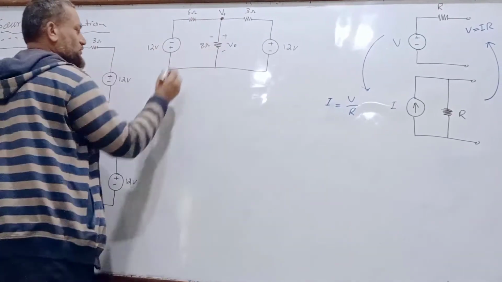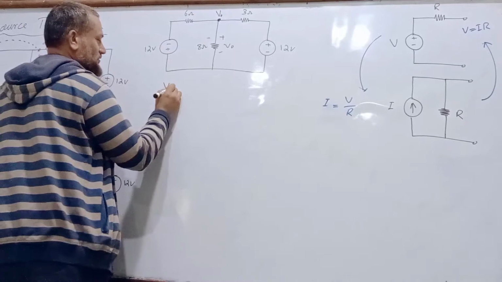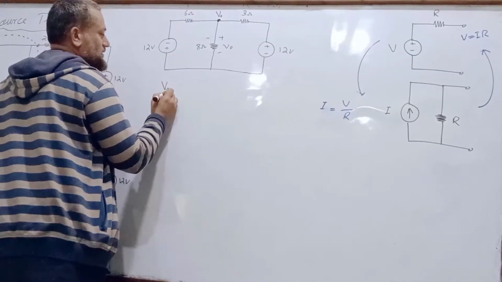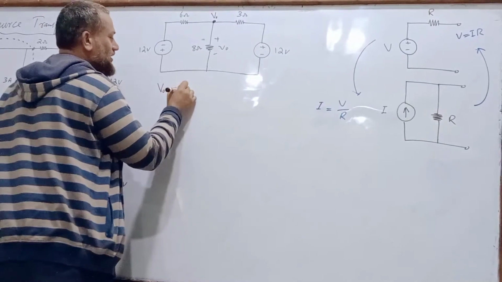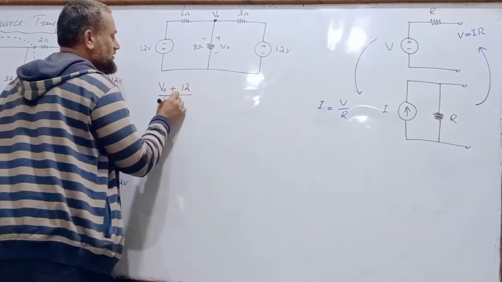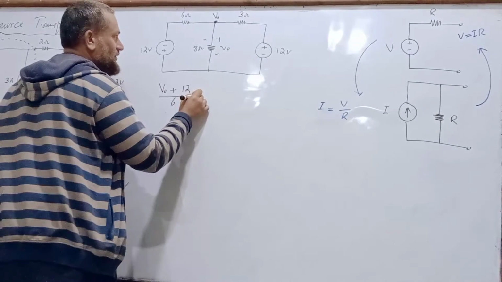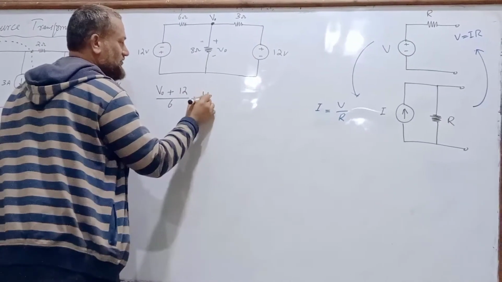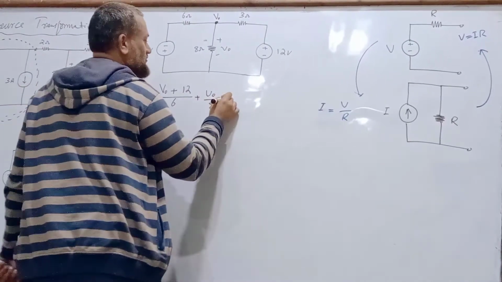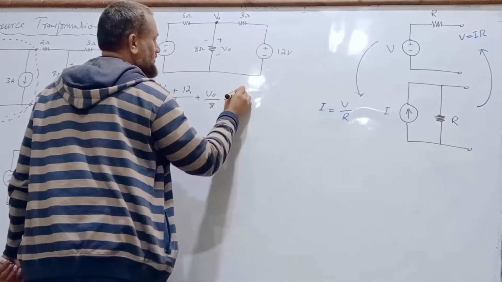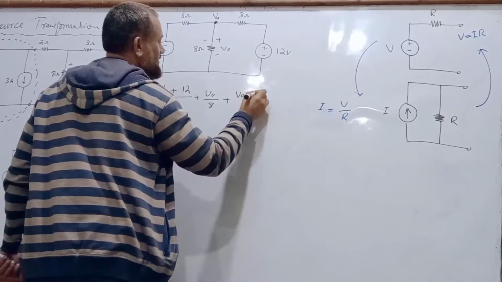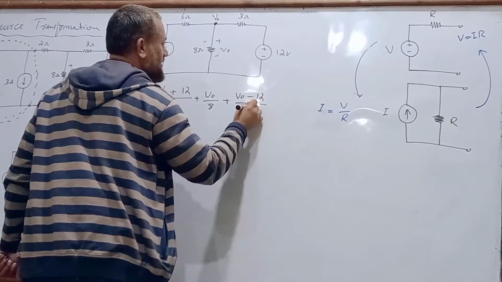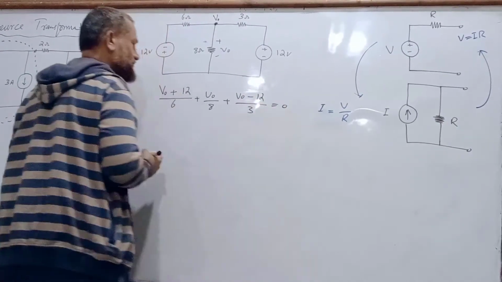So V naught minus 12 divided by 6, plus V naught divided by 8, plus V naught minus 12 divided by 3 is equal to 0.